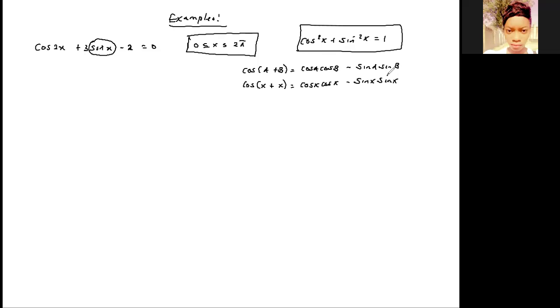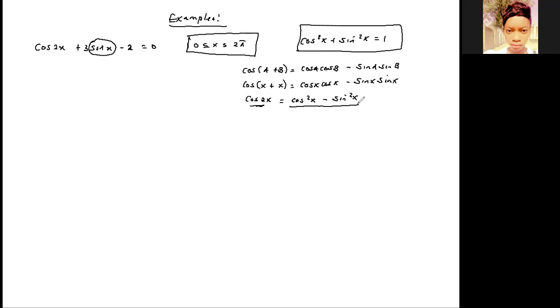X plus x is clearly 2x. Cos x cos x is also cos squared x. Sine x sine x is sine squared x. So we have that this can be written in this form.